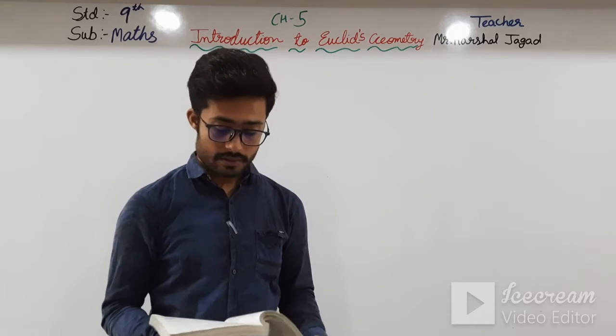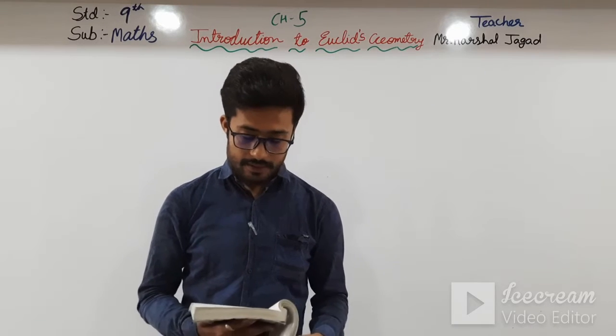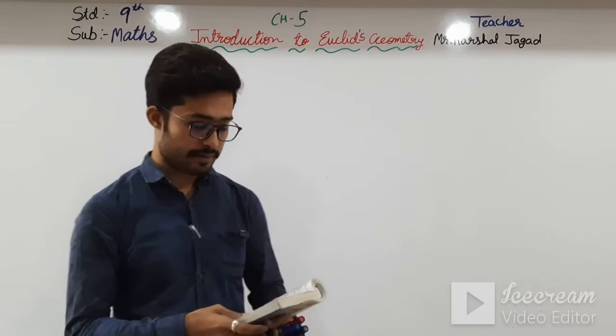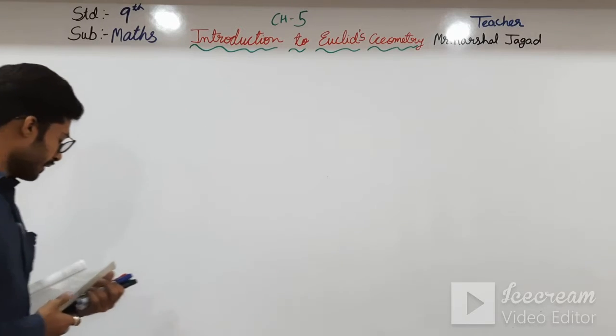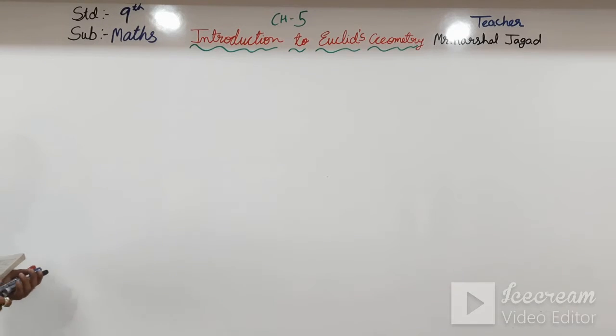Okay students, here an example is given, in which, for example, line PQ in figure 5.6 falls on the lines AB and CD such that the sum of the interior angles 1 and 2 is less than 180 degrees on the left side of PQ, and therefore lines AB and CD will intersect on the left side of PQ.